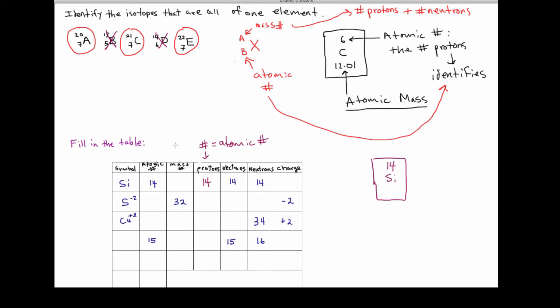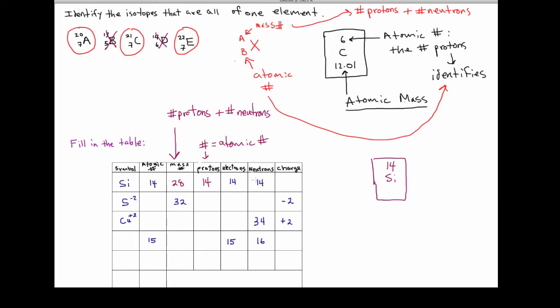So coming back to mass number, remember that your mass number, like I said above, is going to be the number of protons plus the number of neutrons. All right, now they've given us the number of neutrons for this. It's 14. So the total mass number for this element is going to be 28.